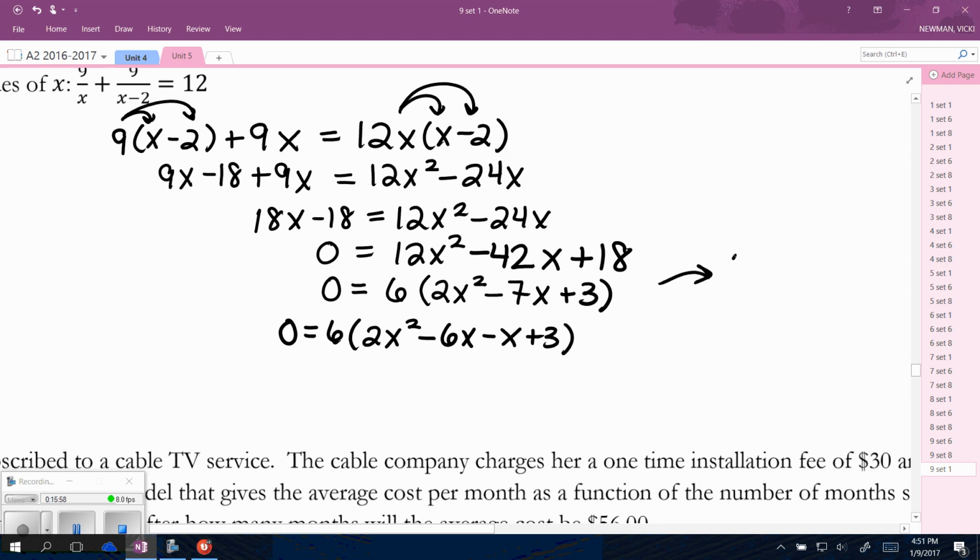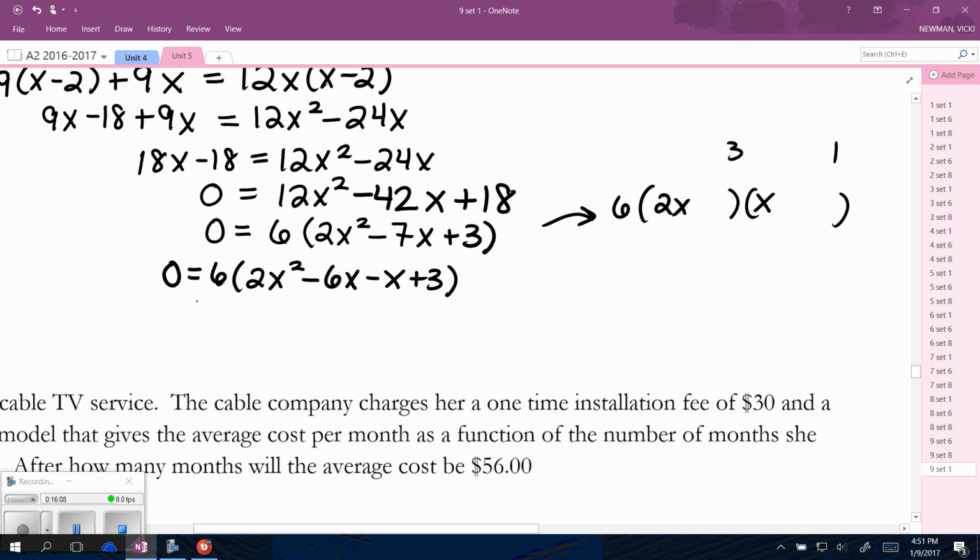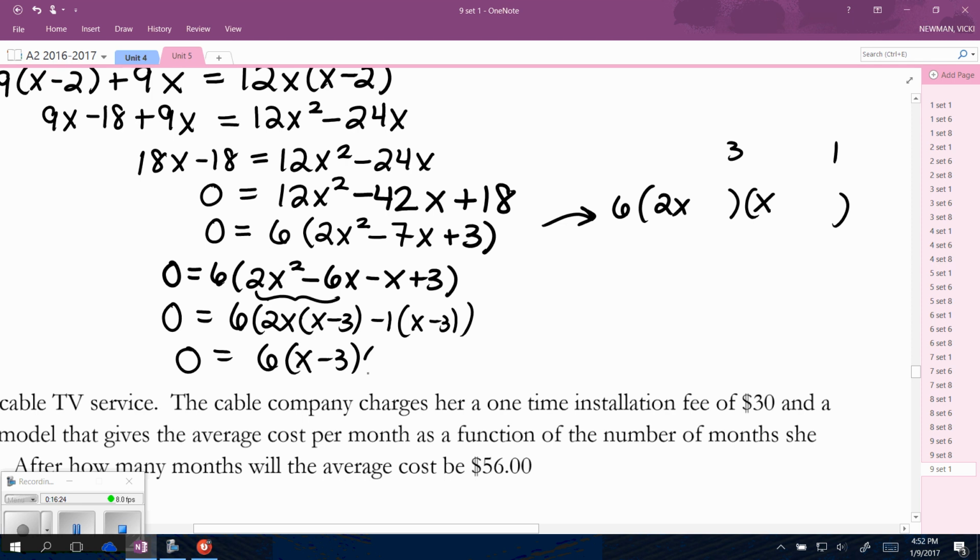Krause's people, you will know that it's just 2 and 1, and then some combination of 3 and 1. My people, you'll just keep going here. Let's see, you take a 2x, and you get x minus 3. You take out a negative 1, you get x minus 3. So your factors should be x minus 3 and 2x minus 1.